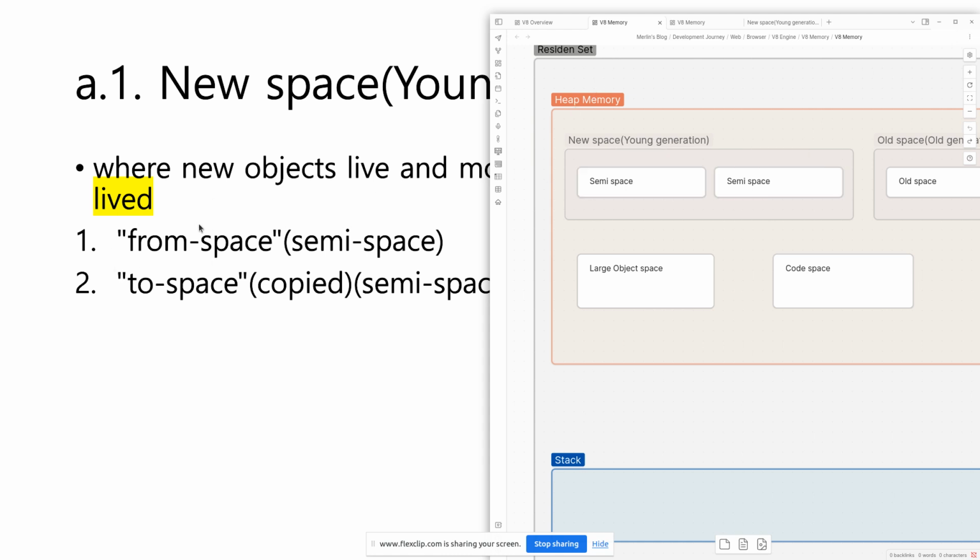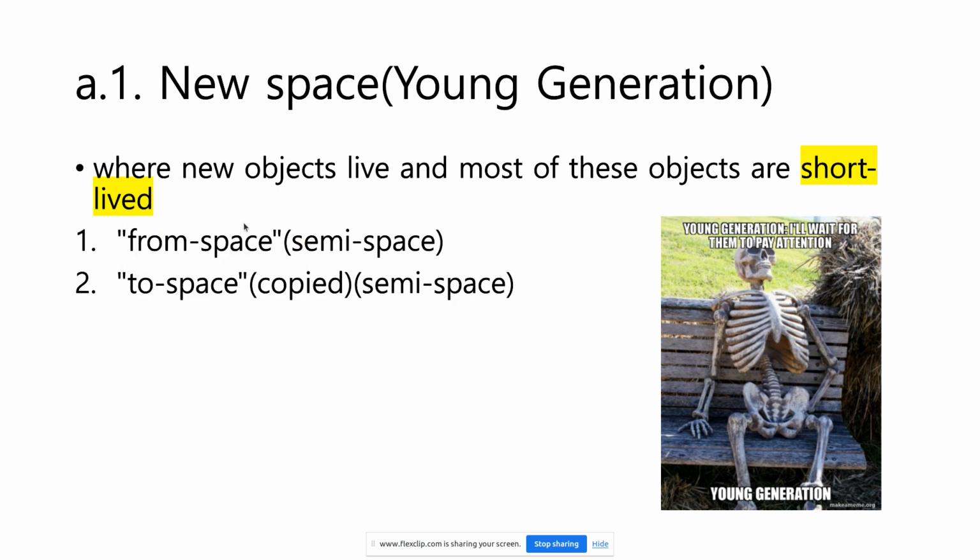There is a from space and to space, which are basically part of the semi-space, or the same as the semi-space, but sometimes it is kind of different. I can elaborate on it later.